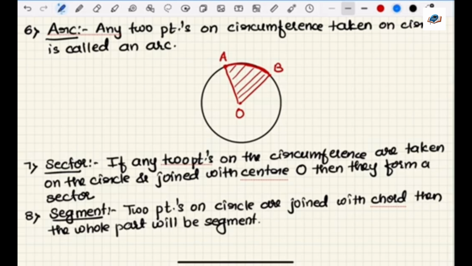Now, here if I want to show a segment, I can say if this is C point and this is D point. And if I join this with a chord, that is straight line, and this whole part will be my segment.